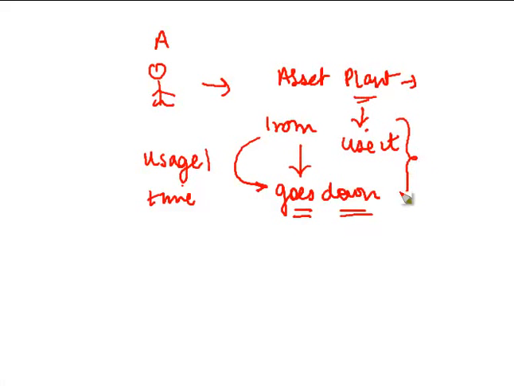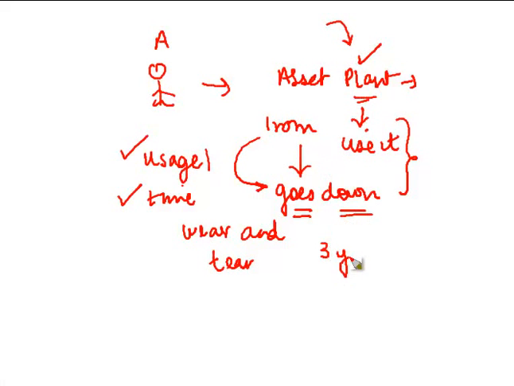This reduction in the value of an asset over a period of time due to usage or maybe due to wear and tear is known as depreciation. Obviously, the efficiency at which the asset operates now vis-a-vis, let's say, 3 years down the line is different, right?